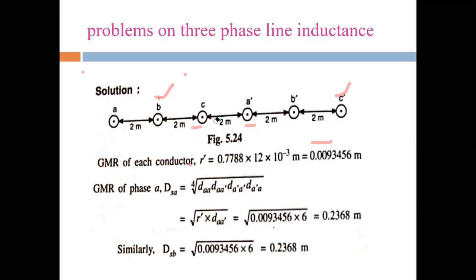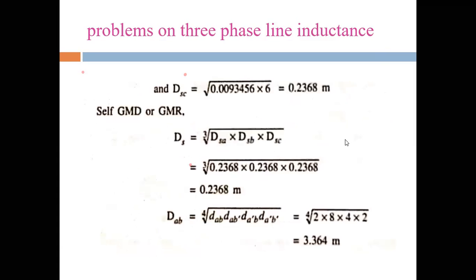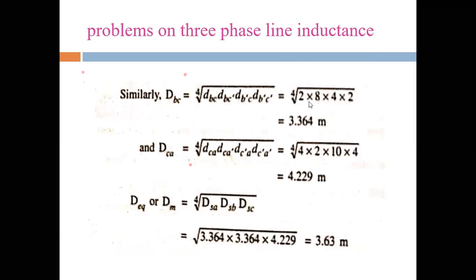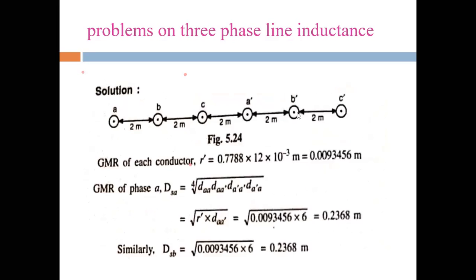B to C dash is 8 meters, into B dash to C. What is this?